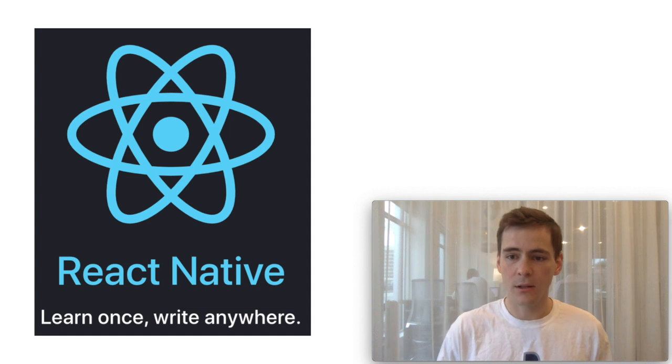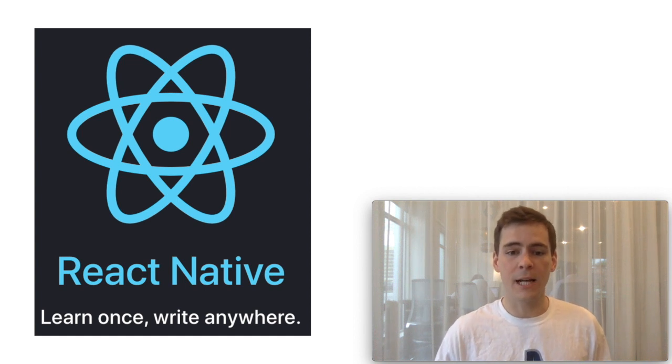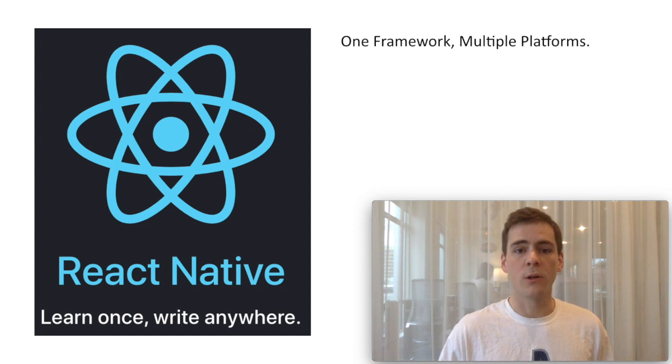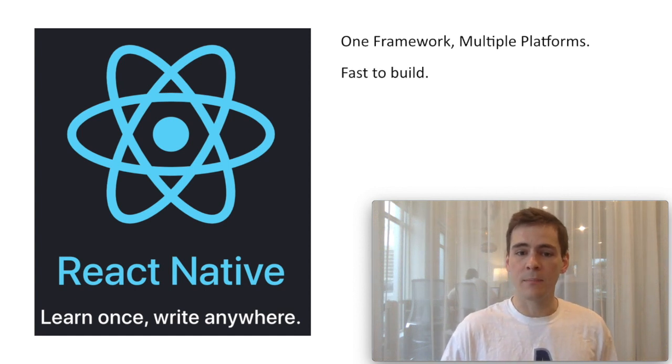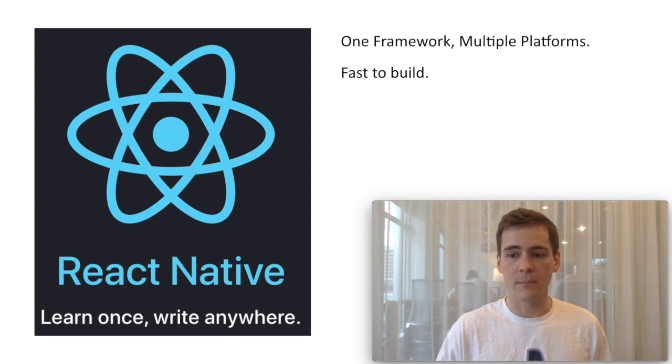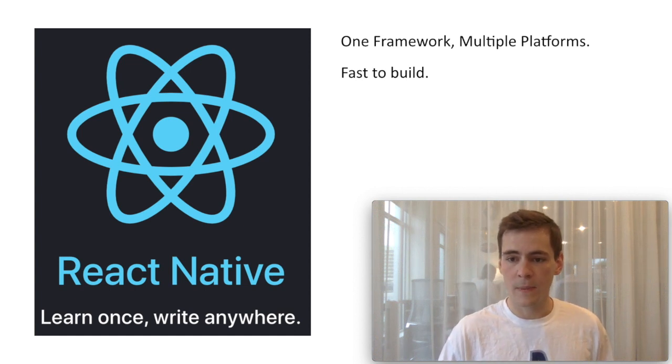We can learn the technology one time and then write apps that work for both iOS and Android. So this is basically React Native's main advantage, that it's one framework that works on multiple platforms. This also makes it fast to build because there's shorter development time to launch both an iOS and an Android application when you only need to write code once.